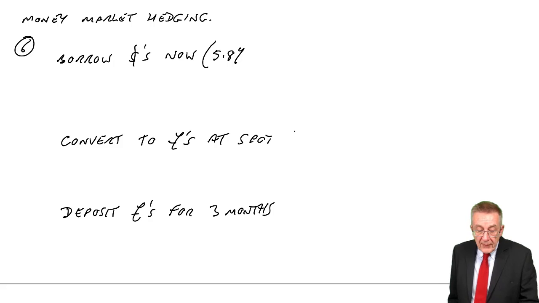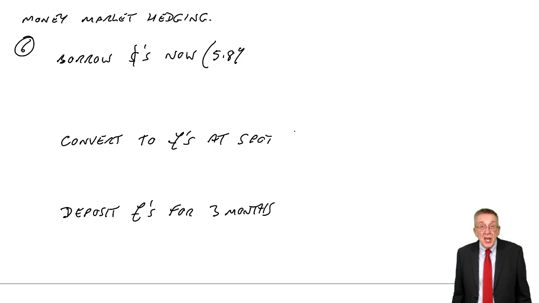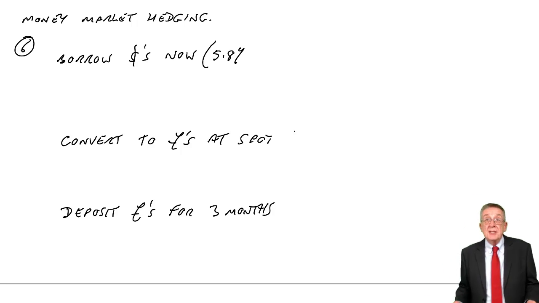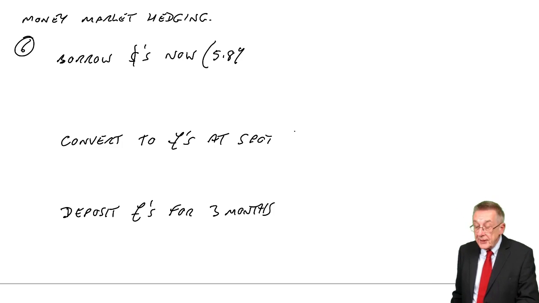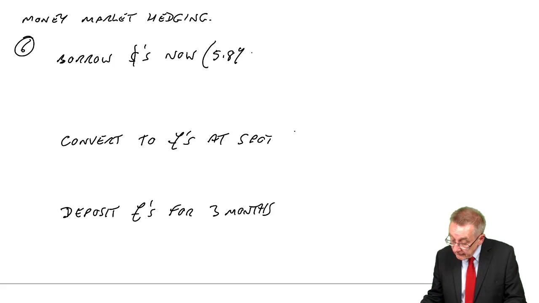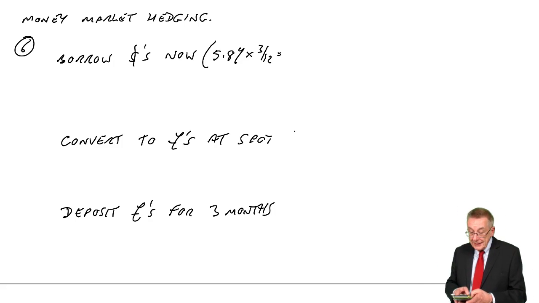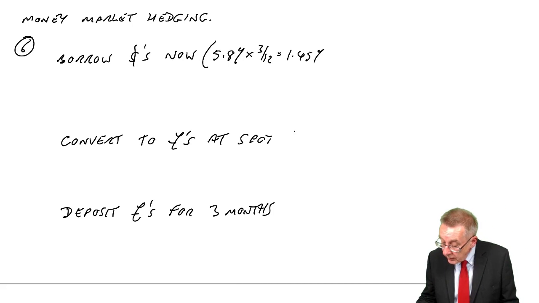So here, if you're borrowing for 3 months, they will charge at the rate of 5.8% a year. If you're borrowing for 6 months, they'll charge a different rate, they might charge 6% a year. So the rates given are always yearly rates. We're only going to be borrowing for 3 months, and so the actual interest we'll pay will be 3/12 of that. So we'll borrow dollars at an actual interest of 1.45%.